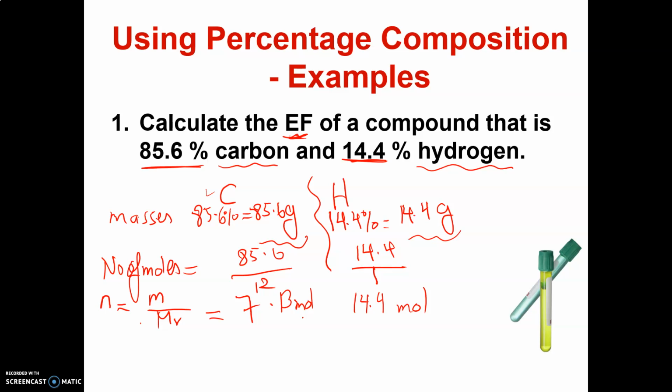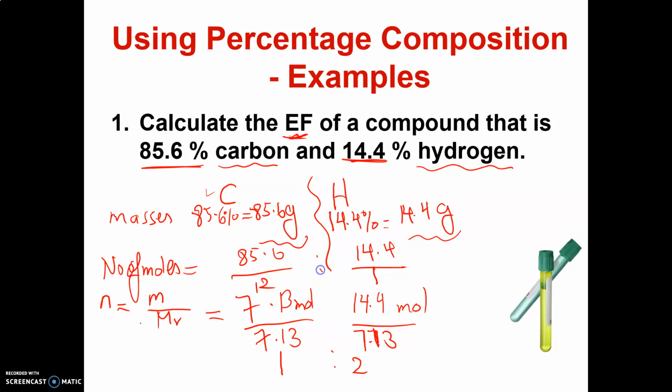Between 7.13 and 14.4, of course, 7.13 is the smallest. So we will divide by 7.13. Here is the same, 7.13. So here will be 1, and here will be almost 2.